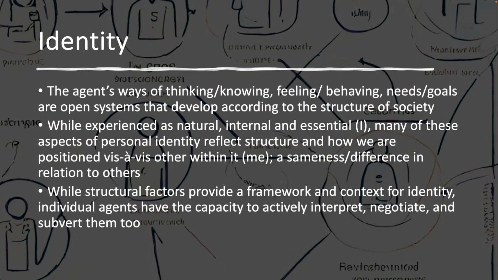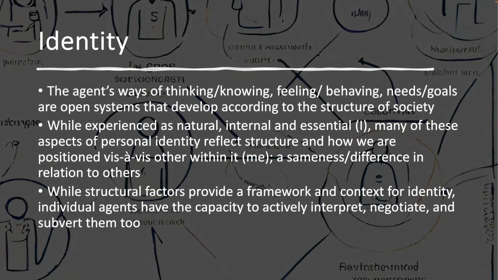The third term of our keywords for today is the notion of identity. The agent's ways of thinking, knowing, feeling, and behaving, its needs and goals, and so on, as you may be able to infer, are thus open systems that develop in accordance with, on the one hand, the individual, the self, the I, as well as the structure of society.